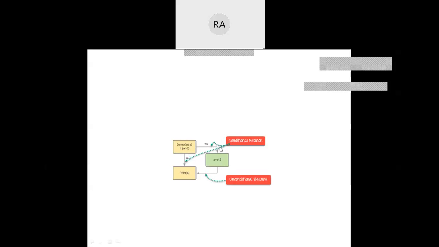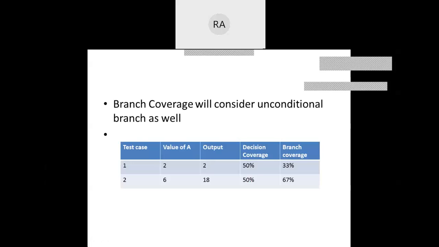One branch and two branches out of 3 branches. 2 divided by 3 is 66.66, a recurring decimal, so 67% approximately. And you are not going to have the same values for decision coverage and branch coverage. They will vary in the values.